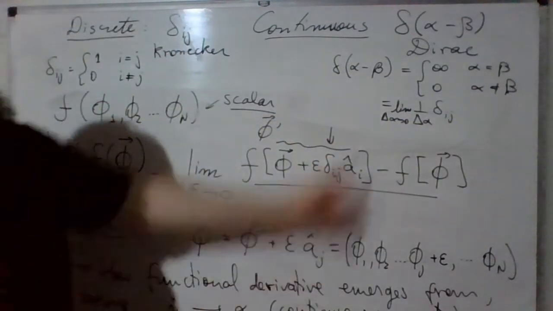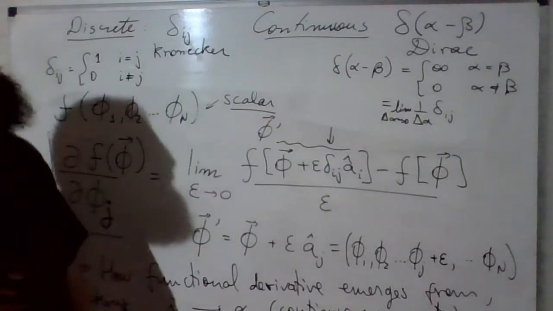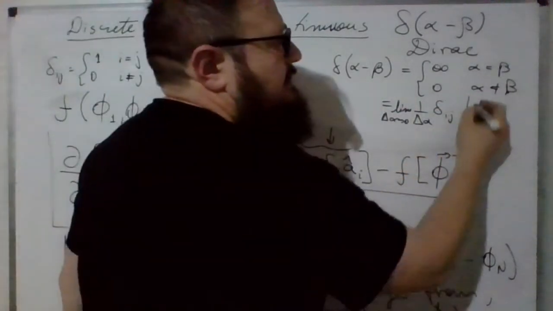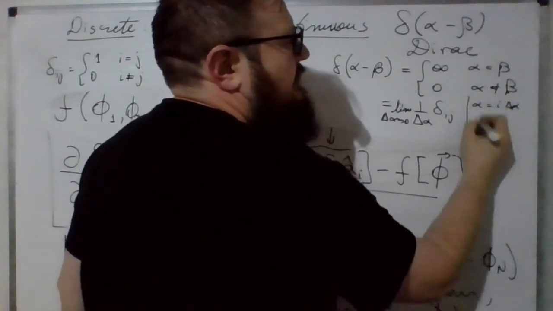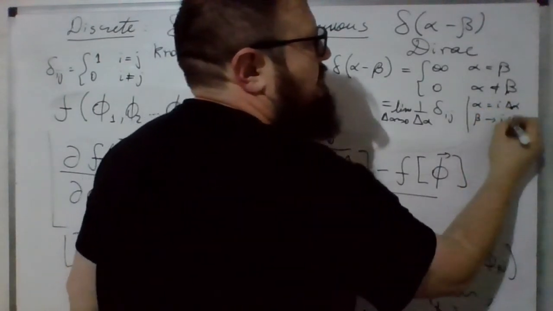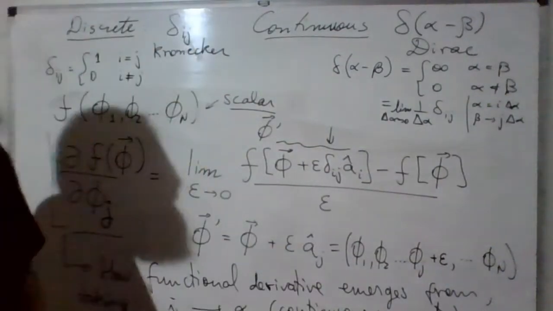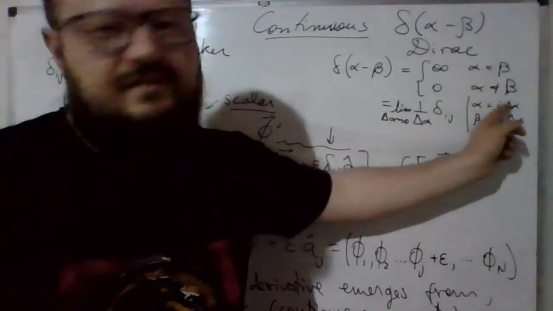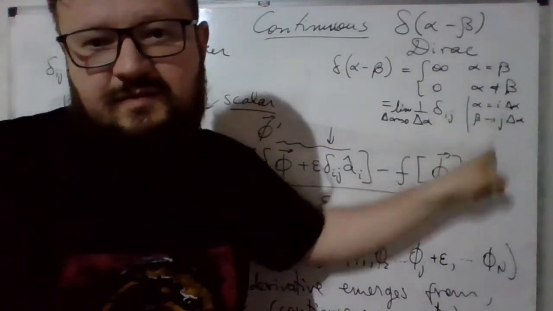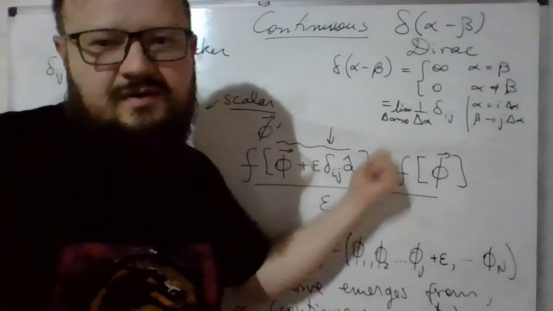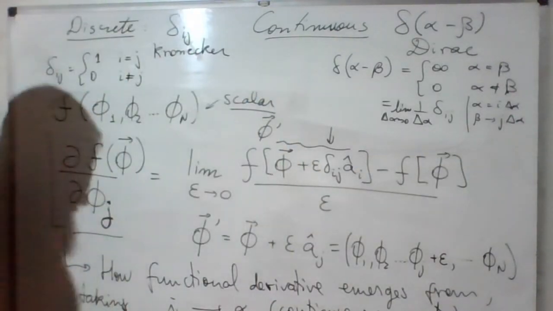If delta alpha becomes infinitesimal, these indices become continuum parameters, and you have a Dirac delta. Okay, so this is it.